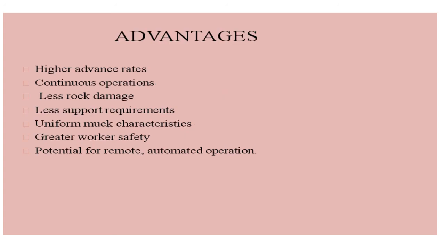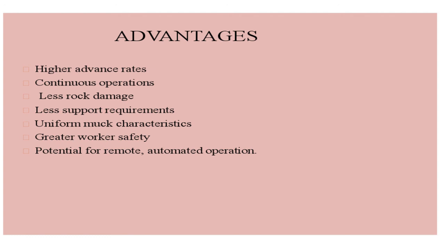Now the advantages of using the tunnel boring machine: the advance rate, the movement rate, will be higher, continuous operation can be done, and when you are using this, less rock damage will happen. When you are doing blasting or drilling, it can cause the surrounding soil to get damaged. But when you are using the tunnel boring machine, the rock damage will be lesser.